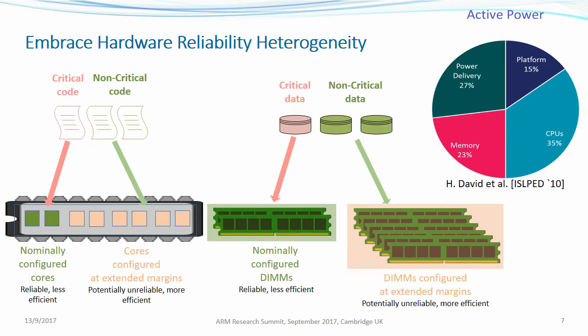So once again, the idea is to embrace hardware reliability heterogeneity instead of fighting against this heterogeneity. We know that different parts have different characteristics. We know that different parts within the chip have different characteristics. So part of the system is configured nominally, and we know that it is reliable, and parts of the system are configured in those extended margins that we have identified. So this is true for both cores and RAMs. In RAMs, we play both with the voltage and the refresh rate. So we focus on memory and on CPUs because they account for a large percentage of the power consumed in the system.